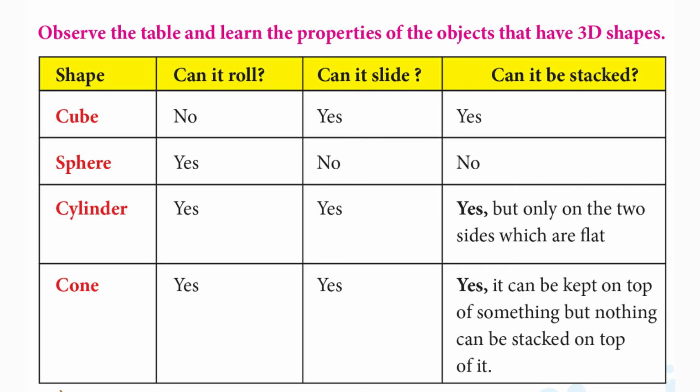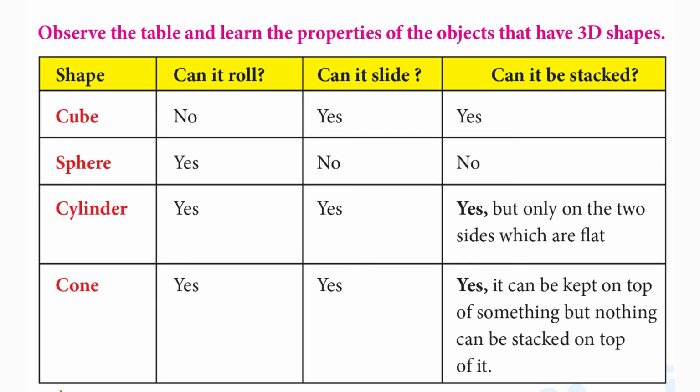Can it be stacked? Yes, but only on the two sides that are flat. So in a cylinder we saw the flat sides are on the top and the bottom. So those places we can use to stack. The next one is a cone. Can it roll? Yes. Can it slide? Yes.